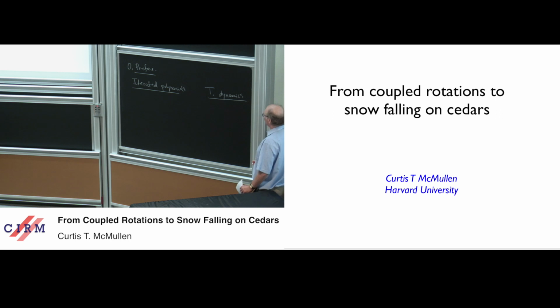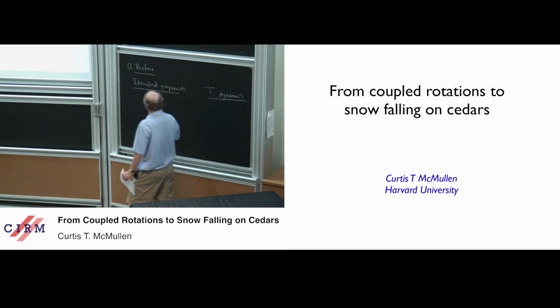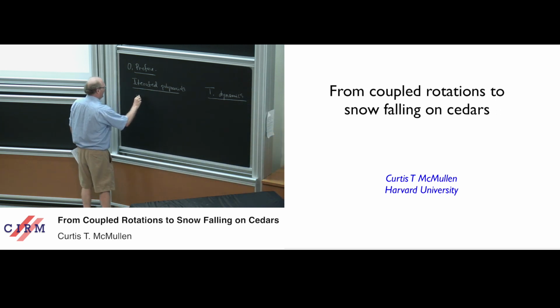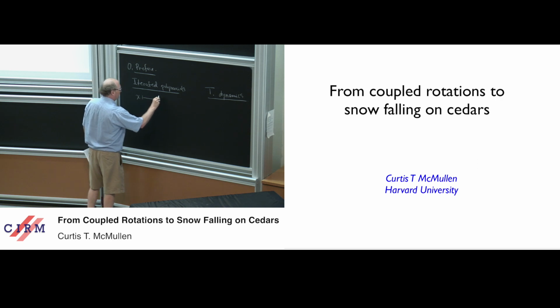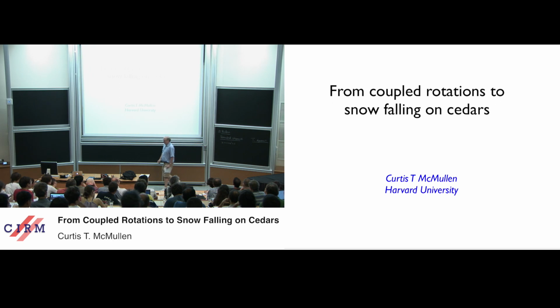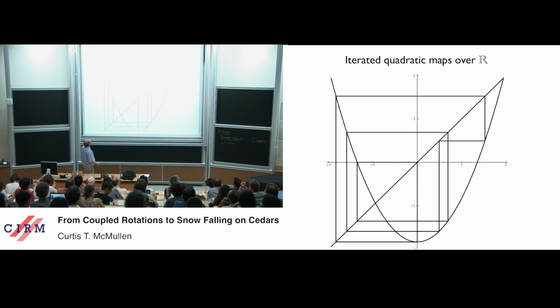So the study of iterated polynomials starts with the study of unimodal maps, like x goes to x squared plus c, or they're often written in slightly different coordinates. Here, the critical point is periodic with period 7. There's lots of rich combinatorics, measure theory, and so on.